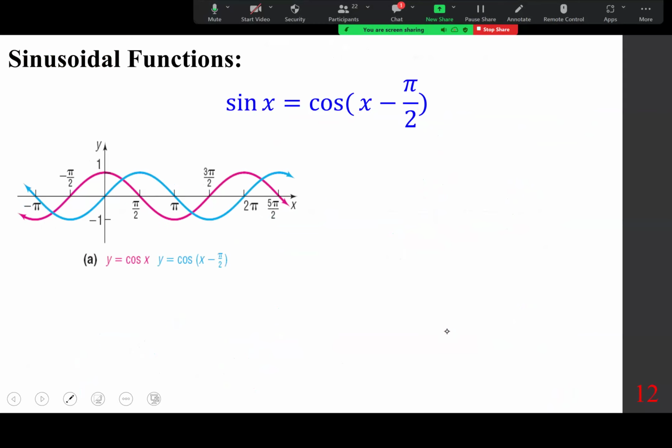You may have noticed that sine seems to be the same as cosine, except it has been shifted. If you look at the sine function, the blue one, and the cosine function, the red one, if you shift one of them, it really doesn't matter which one, but normally we shift the cosine by pi over 2 to the right, and they become identical.